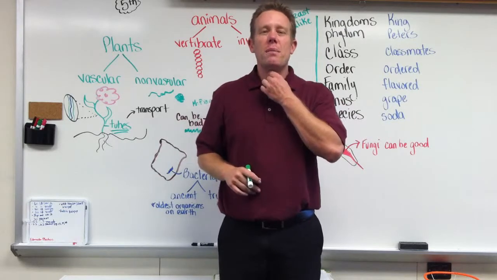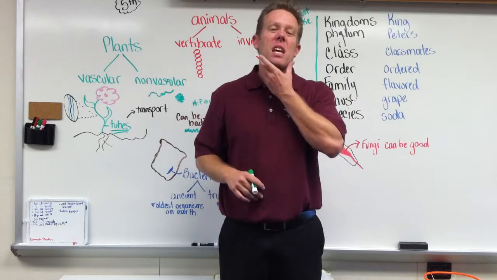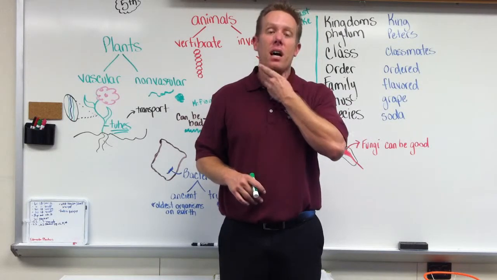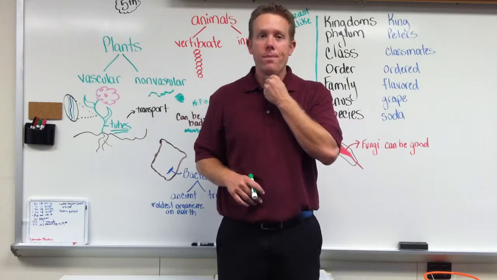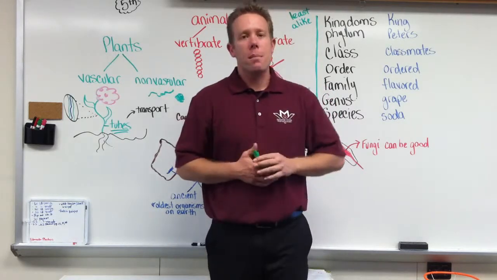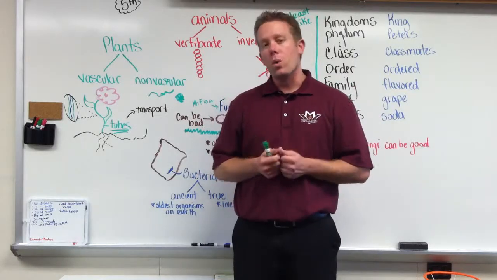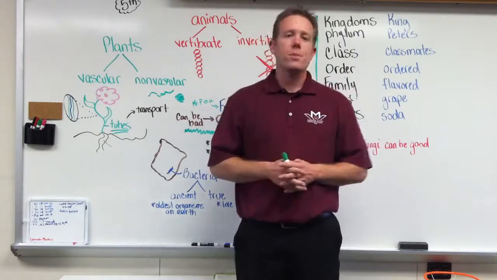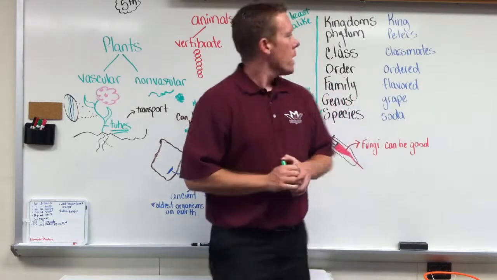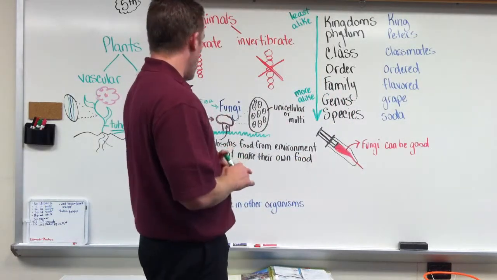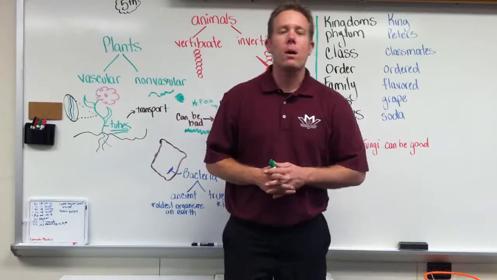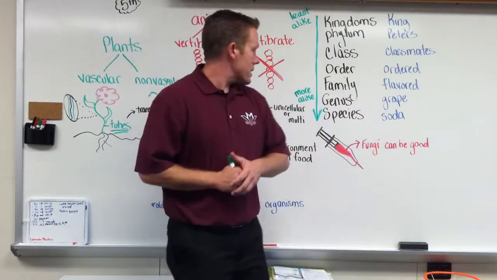Like when somebody gets strep throat, they actually have bacteria inside of their throat. Then you have ancient bacteria, and ancient bacteria is some of the oldest organisms on Earth. I believe that is all that we talked about in this lesson.